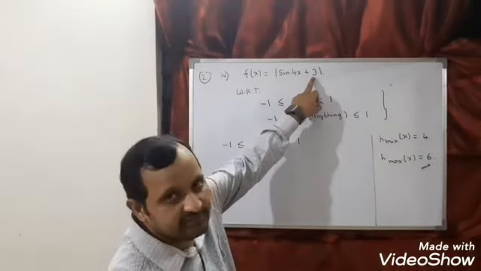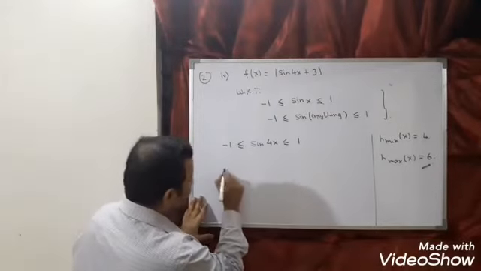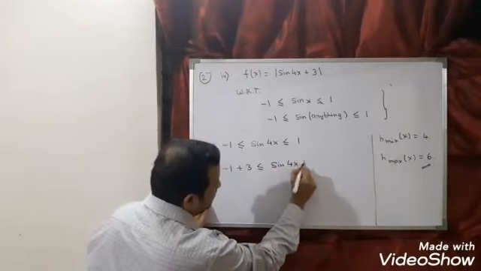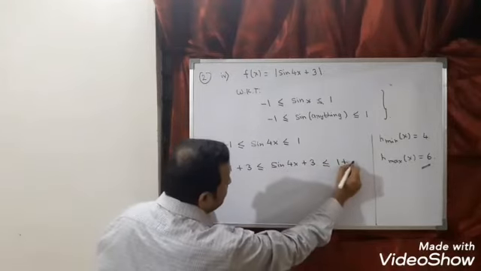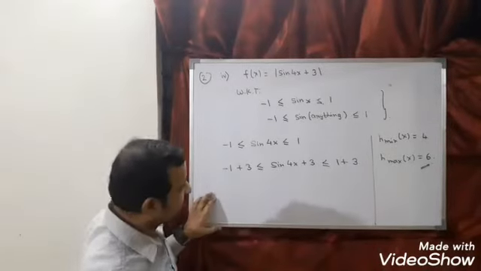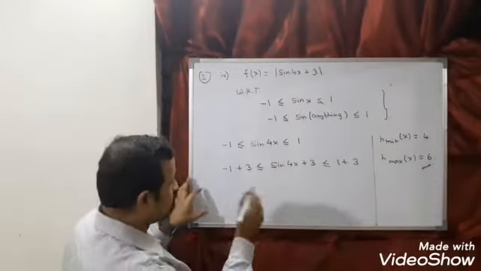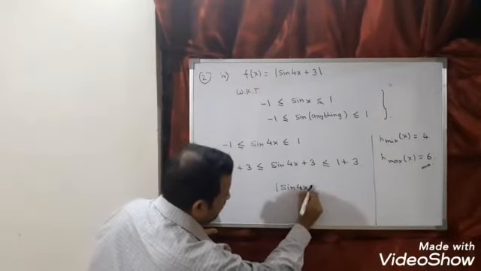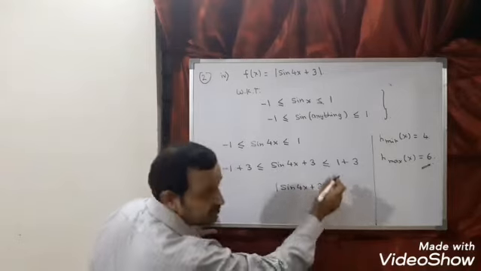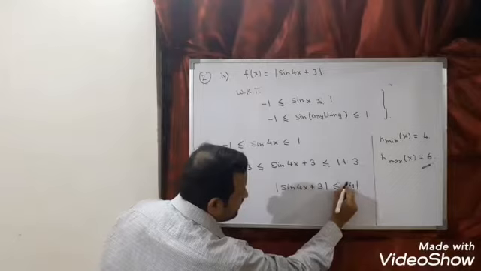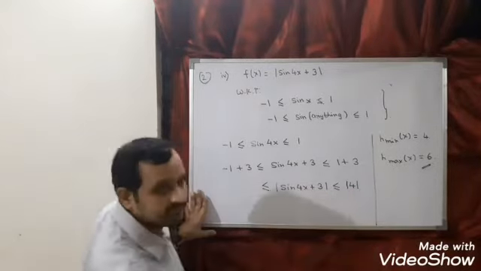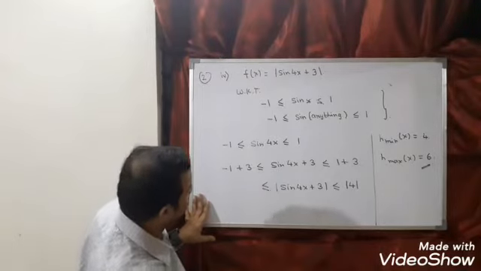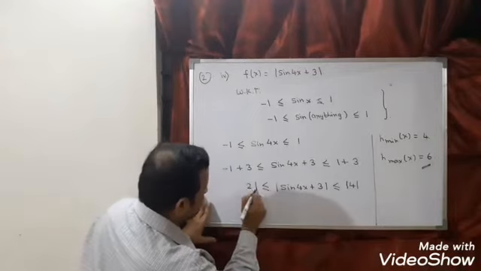Next, 3. Add 3 on both sides. So -1 plus 3 is less than or equal to sin 4x plus 3, which is less than or equal to 1 plus 3. Now next what I am doing here is keeping mod. So this I can say mod of sin 4x plus 3 is less than or equal to 3 plus 1, 4. I am keeping mod here, and on the other side 3 minus 1, how much? I can say 2. So here also I am keeping mod.